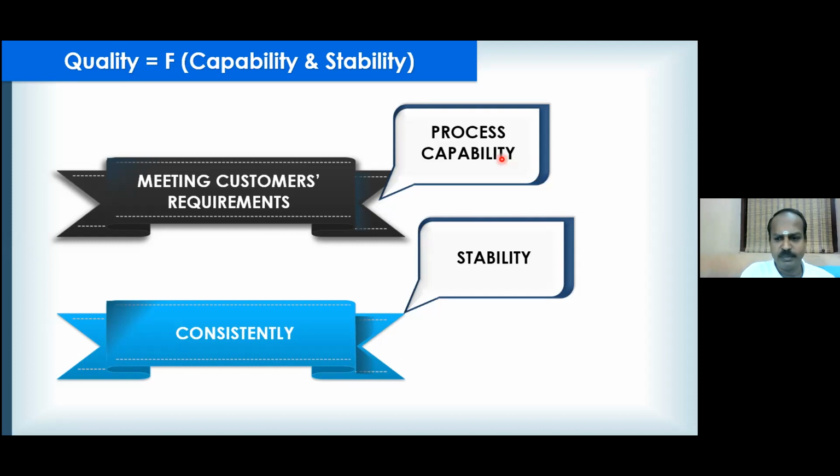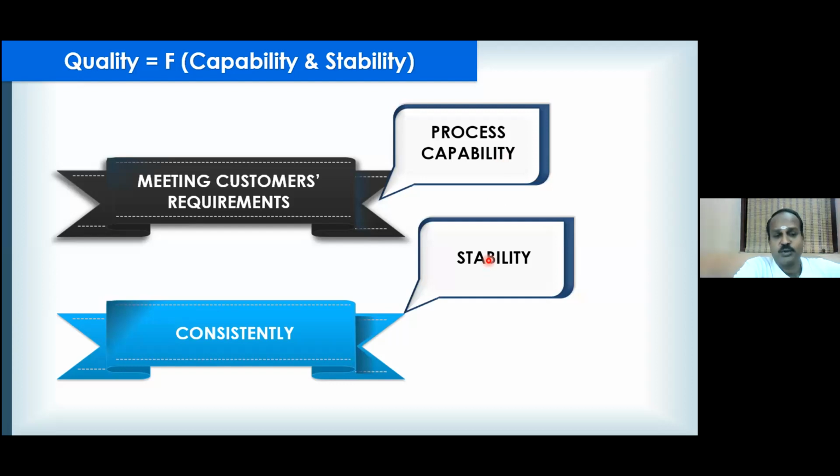The capability of your business process can be understood by measuring a metric called sigma level. And stability can be measured using a beautiful tool called the control chart. One of you was telling yesterday, 7 QC tools, sir, this is the control chart.